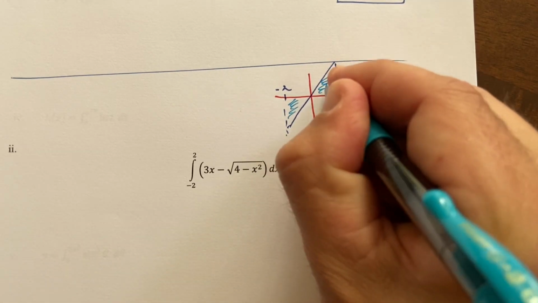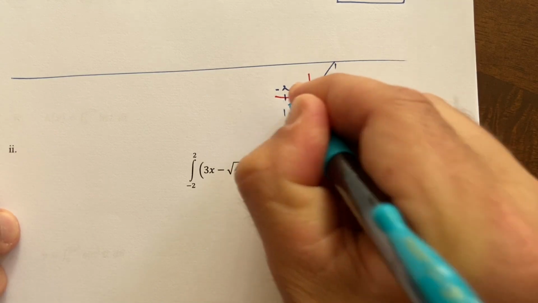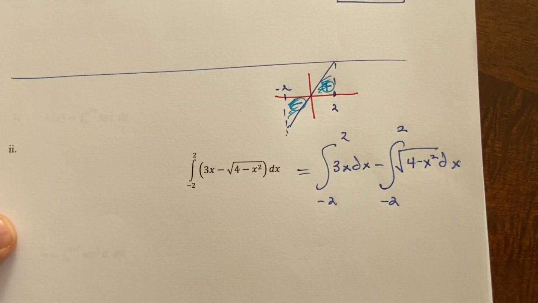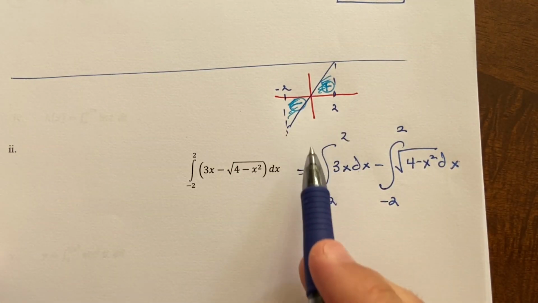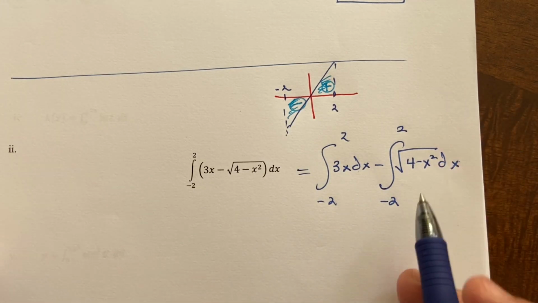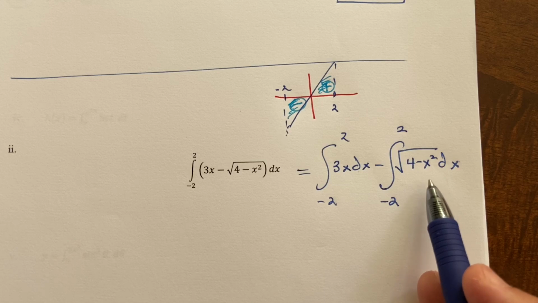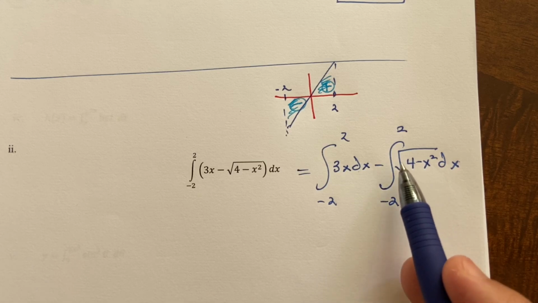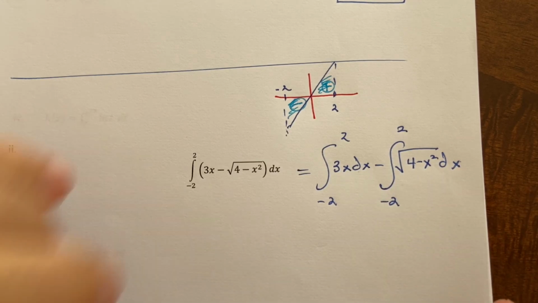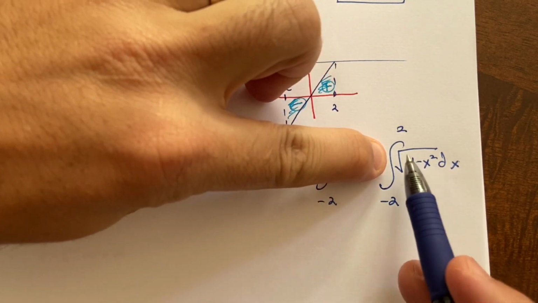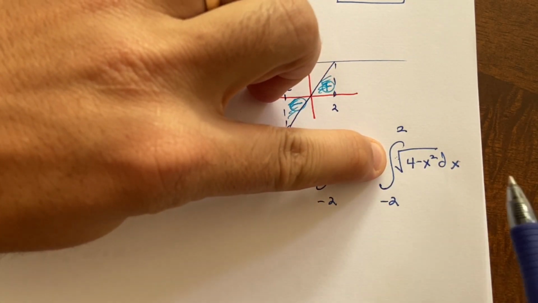Something to point out, this would be positive area, this would be negative area. So they're actually going to cancel out. This is going to produce 0. Anyways, let's look at this one. This would be a circle centered at 0, 0, but just the upper half of that circle, right? Since it's just the plus case. I'm not thinking about the minus, I'm just thinking about the plus that's right here.